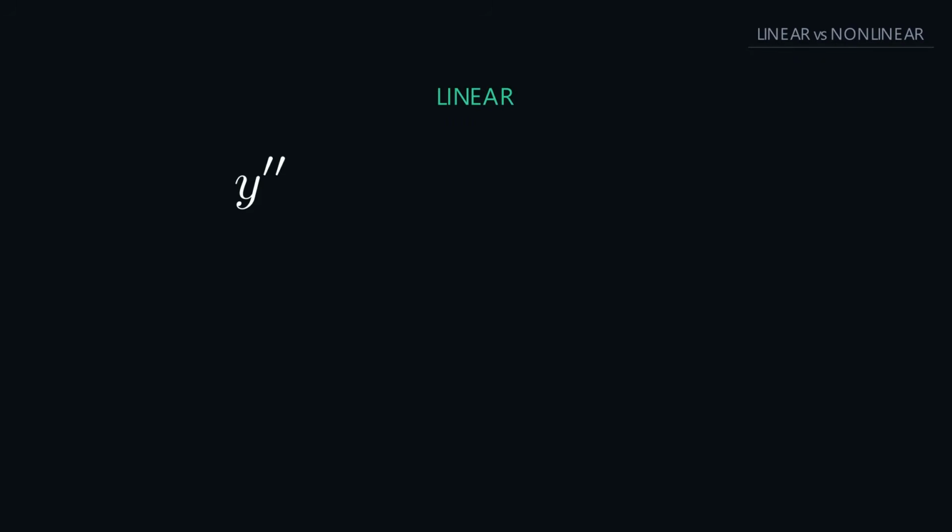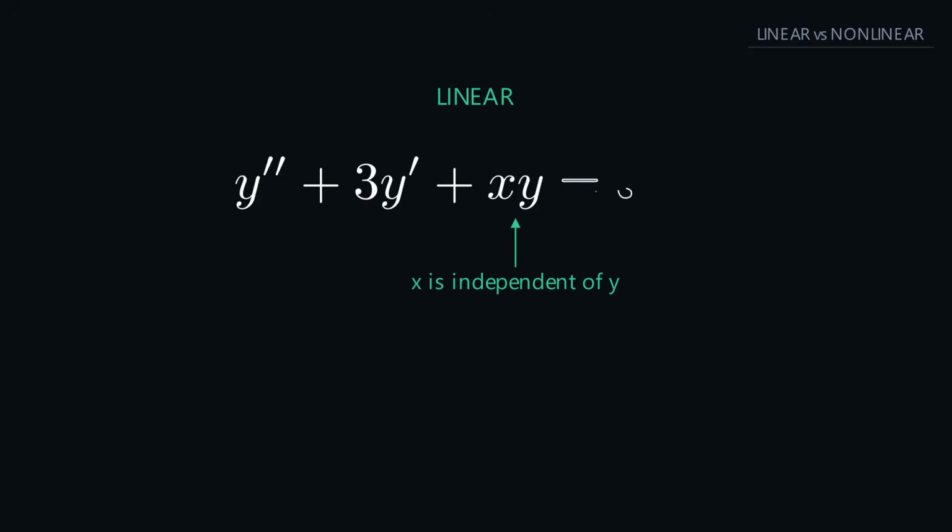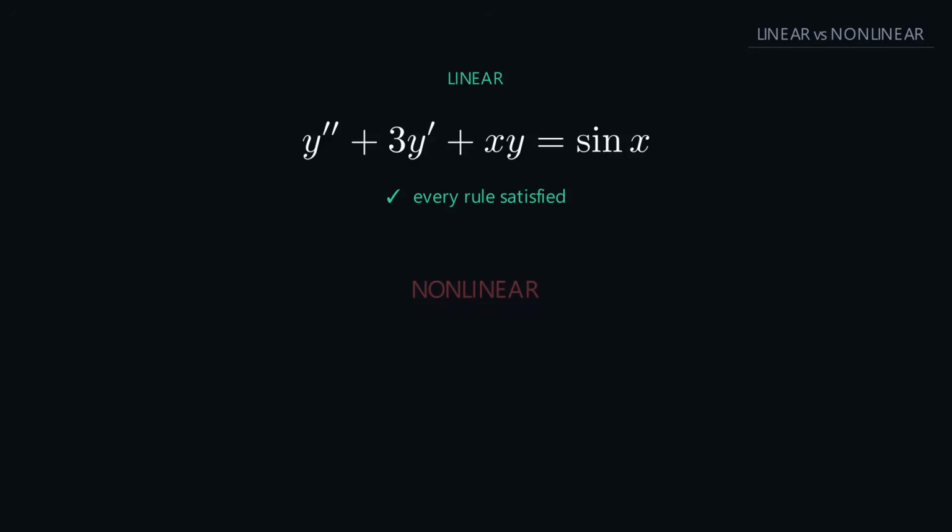An example of a linear differential equation is y double prime plus 3y prime. Notice that 3, the coefficient, is a constant, so it's independent, plus xy. x is a coefficient that is independent from y. And that's going to equal sine of x, another independent variable.